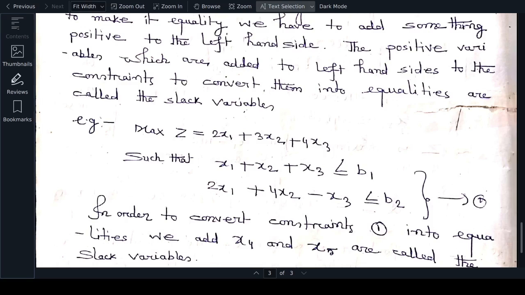So you see minus x1 plus x2 minus x3 less than or equal to 1. Next you add the slack variable. Clear? Yes, sir.